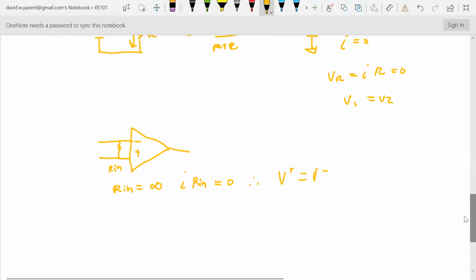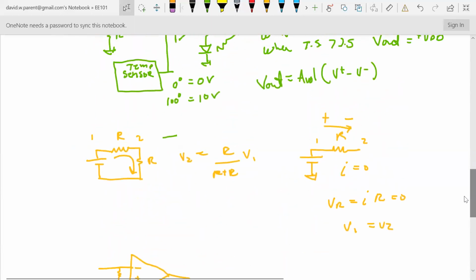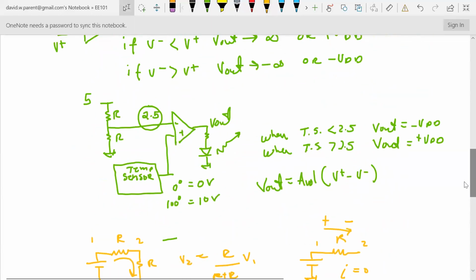But this doesn't work. And the thing is, I use the fact that it doesn't work up here, right? This is at 2.5 volts. This was at the temperature sensor volts. And then V out equals the open loop gain times the difference, right?